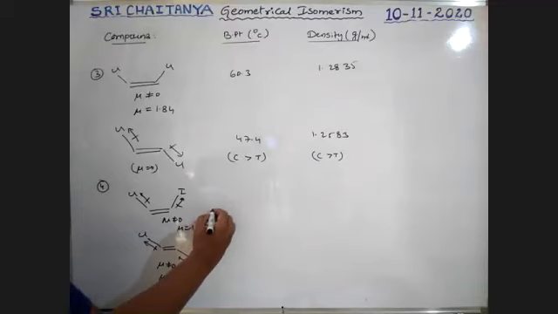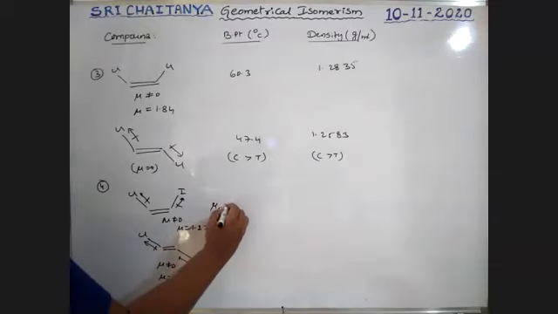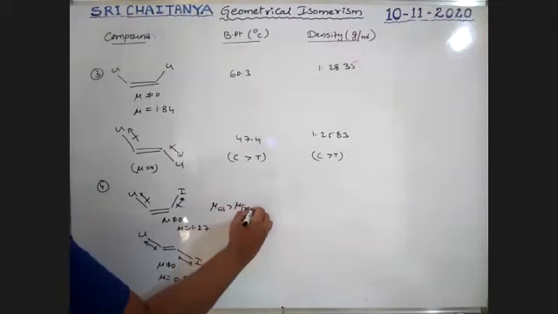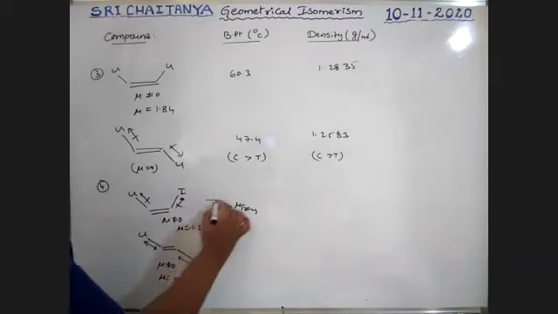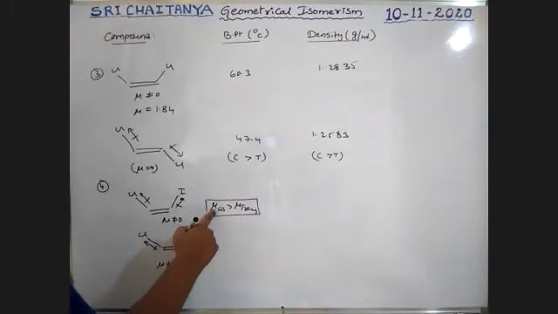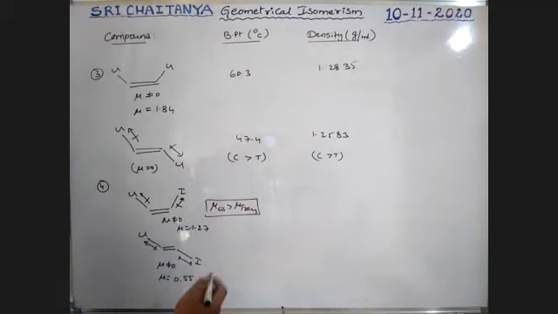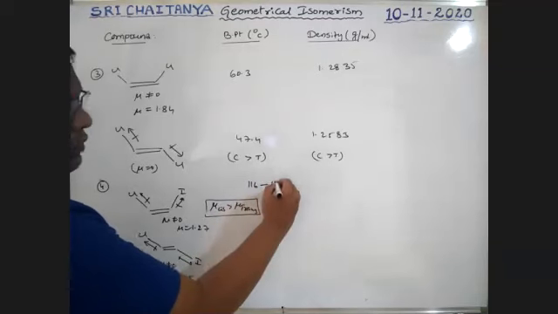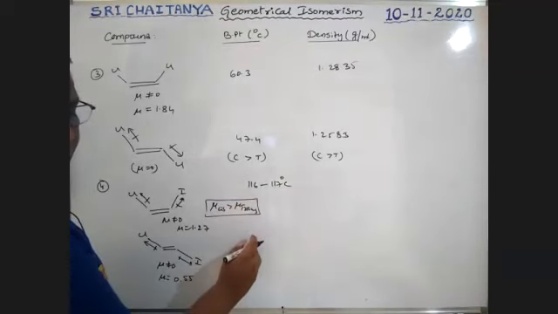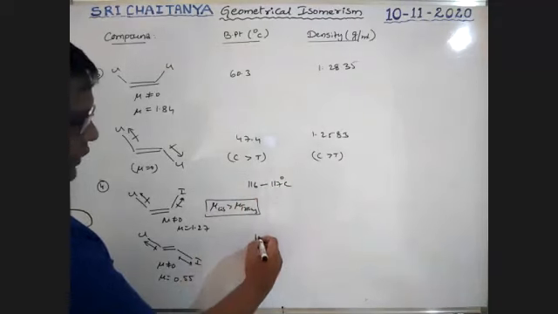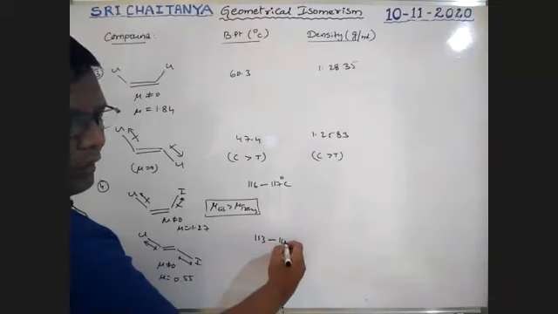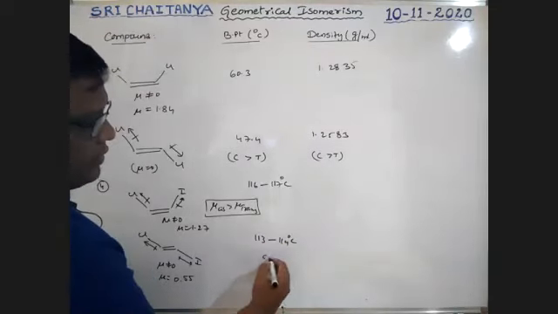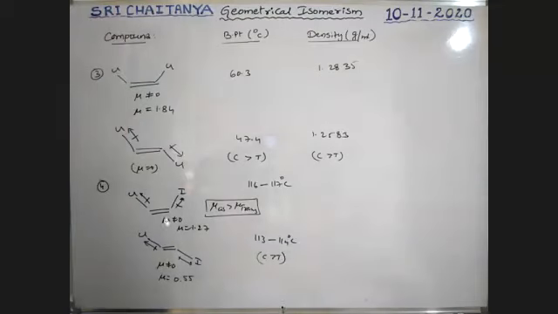Therefore, here mu cis is greater than mu trans. So the boiling point of cis is greater than the boiling point of trans. The boiling point values are 116 to 117 degrees centigrade, and 113 to 114 degrees centigrade. So cis is greater than trans.